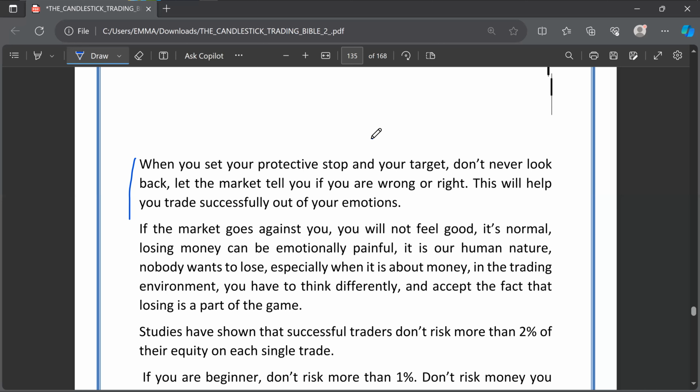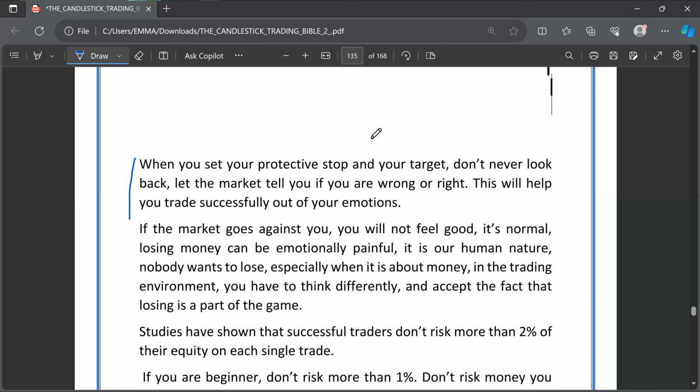So just leave it as it is, because before you enter the trade, that is why you did technical analysis. So allow the market to do it, so that at least if you win or lose, you are still learning what the market is. Allow the market to play and then see where it ends.